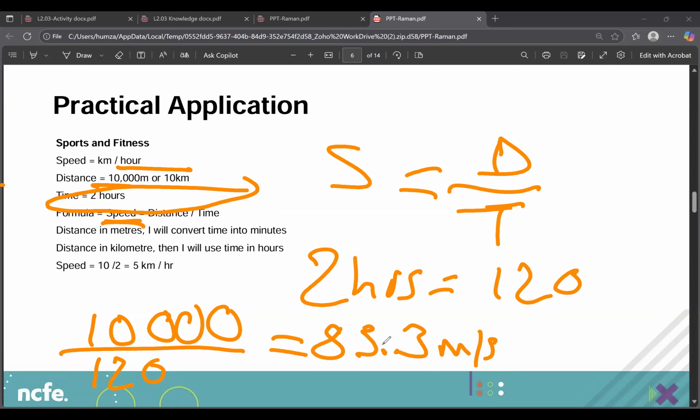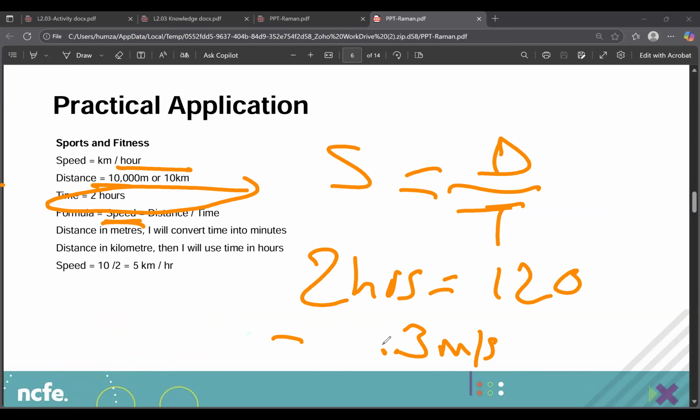Cool. But if we want to work it out in kilometers, we have to convert the meters.